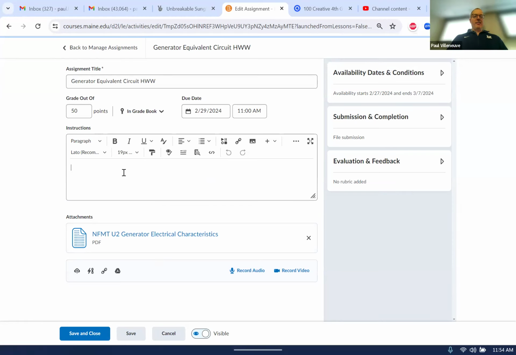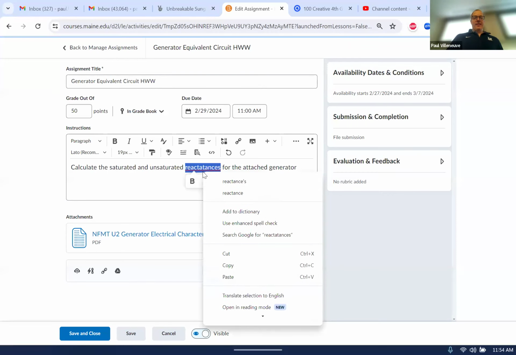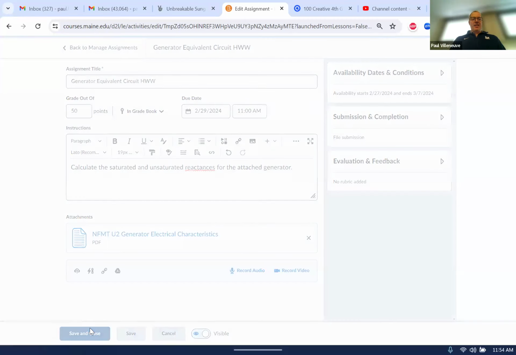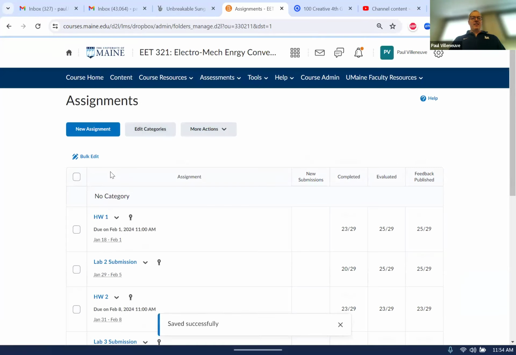So what I should say is calculate the saturated reactance, extra T there. That's your first one. So that's the Northfield Mountain, the one we've been looking at. So calculate that.